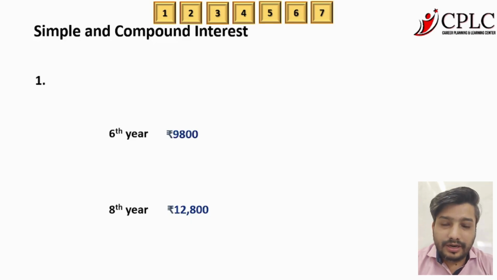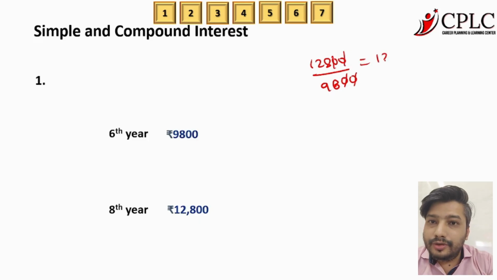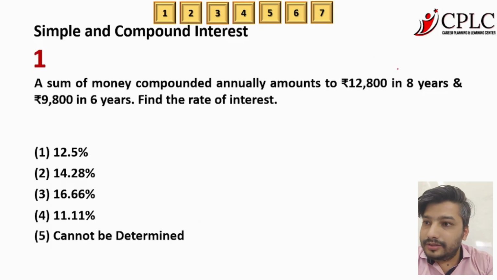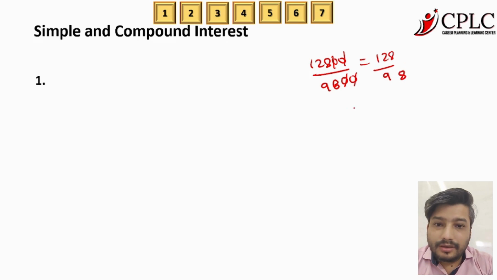If you reduce that ratio, 12,800 divided by 9,800, cancel the zeros: 128 divided by 98, which is simply 64 by 49.